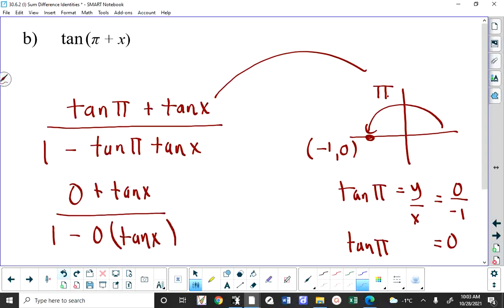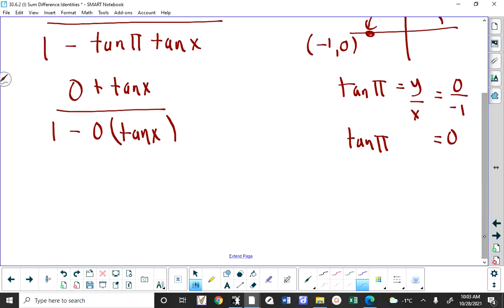Well, that's tangent of x on the top, and it's 1 on the bottom, because you're taking 1 minus 0 times tan of x. 0 times tan of x is 0. 1 minus 0 is 1. We don't even need to write the 1. Tangent of x over 1 is tangent of x. Any questions with that third example? I think it was the third.